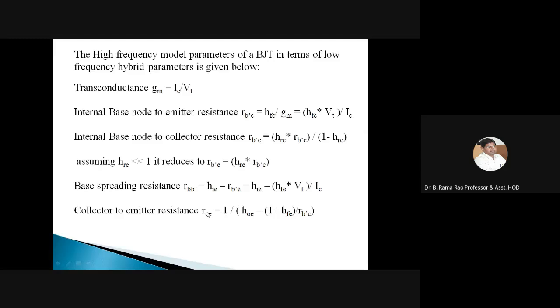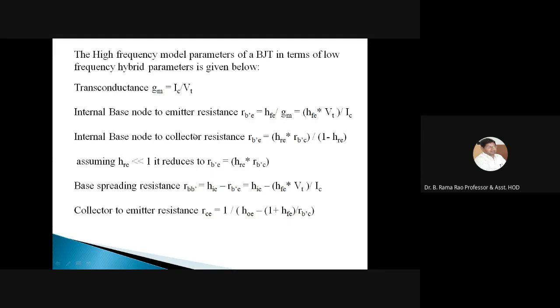These are all expressed in terms of the H parameters HFE, HRE, HIE, and so on, which are the hybrid H parameter model.